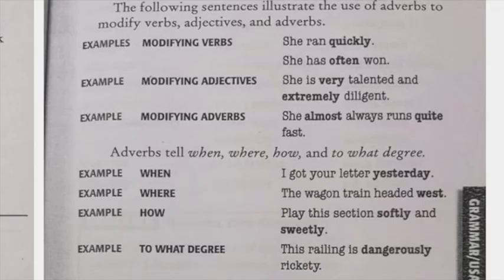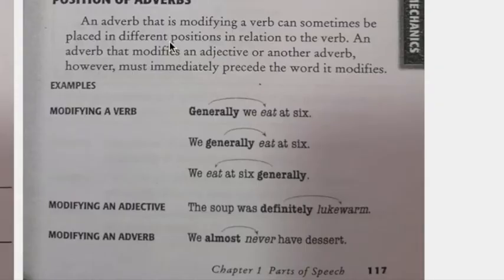Now let's go into the positioning of these adverbs. An adverb that is modifying a verb can sometimes be placed in different positions in relation to the verb. An adverb that modifies an adjective or another adverb, however, must immediately precede the word it modifies. So, in modifying a verb, we have here, generally, we eat at 6.